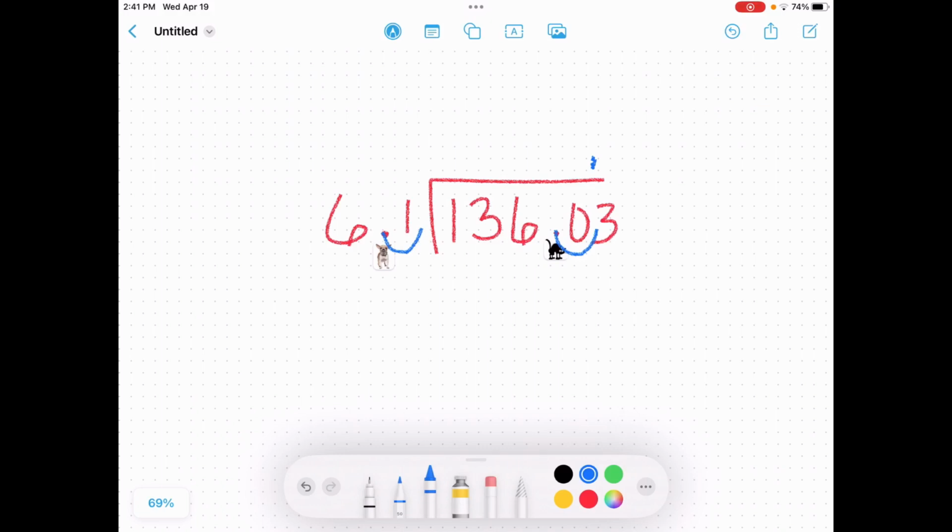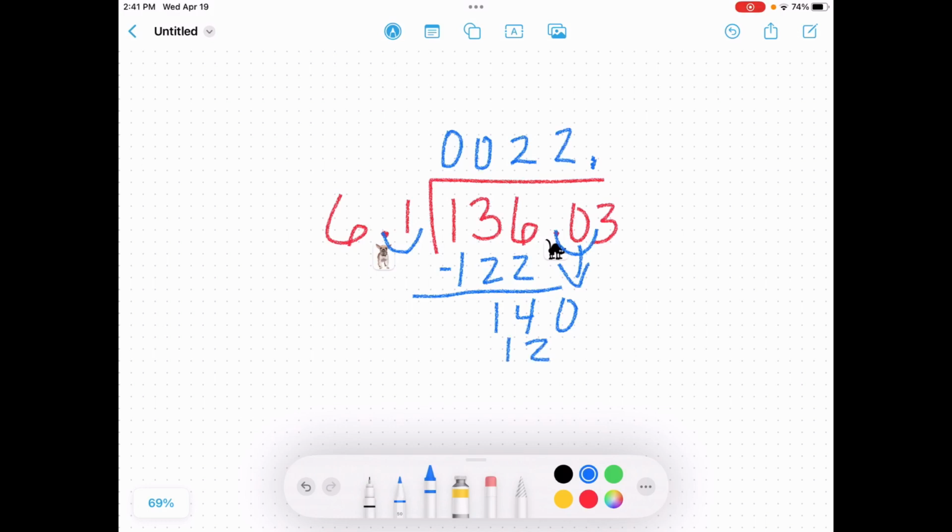61 goes into 1 0 times, 61 goes into 13 0 times, 61 goes into 136 twice. 2 times 61 is 122. I subtract that away and I'm left with 14. I bring down my next digit and start again. 61 goes into 140 again 2 times.